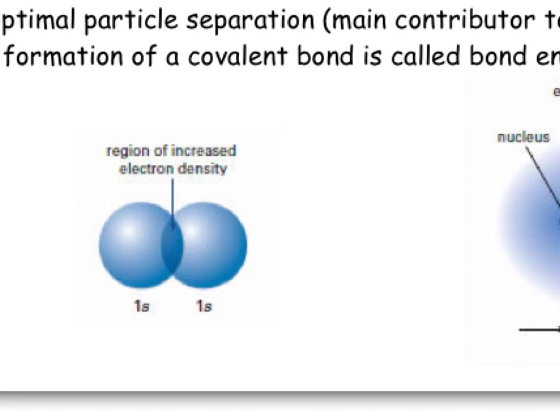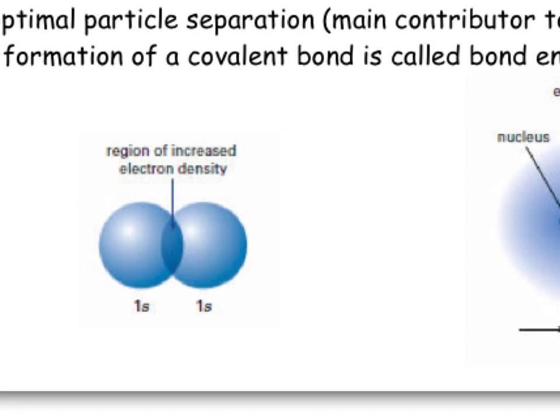Each 1s orbital has a 95% chance of finding the electron there. Where they overlap, I get a region where I'm going to find electrons more than 95% of the time. So whenever a covalent bond forms, you've got an orbital where you really have a good chance of finding electrons.